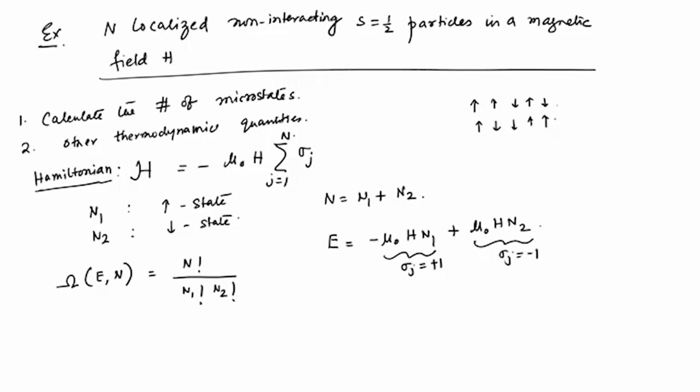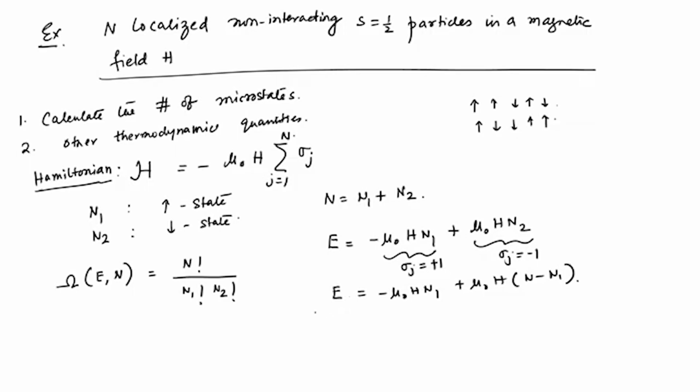and for this sigma j equal to minus 1. Okay. And just see that you do not want to carry on two variables N1 and N2, because they are related by this total number, and then we can write this as minus mu 0 H N1 plus mu 0 H into N minus N1, and so this is the total energy.